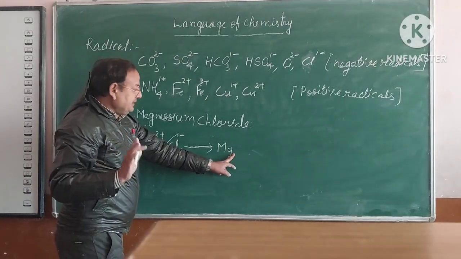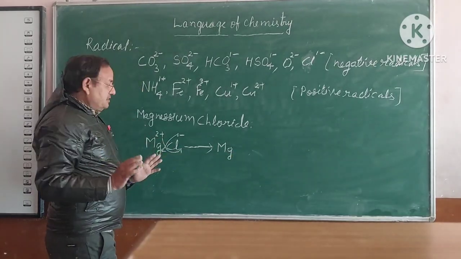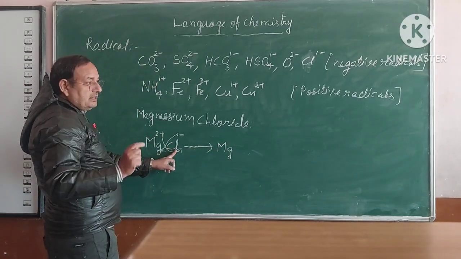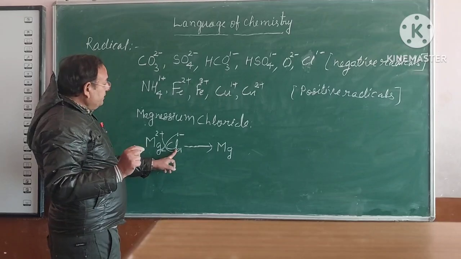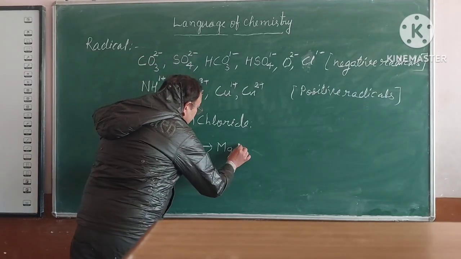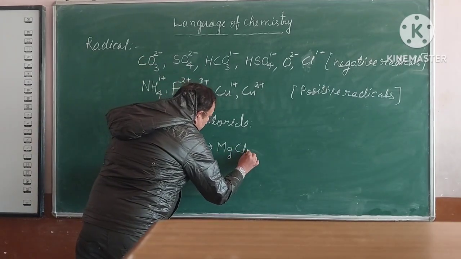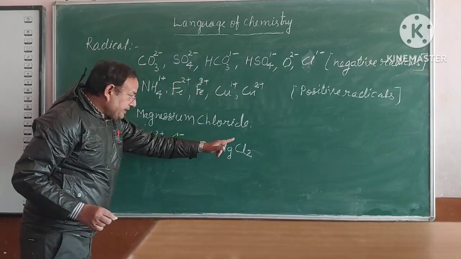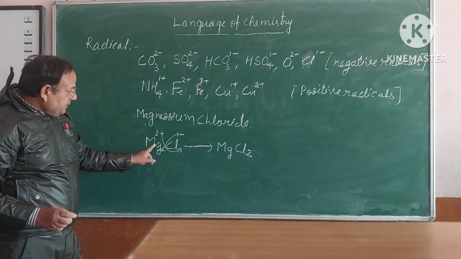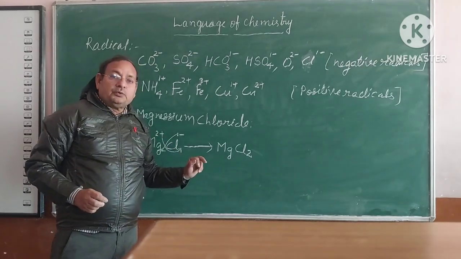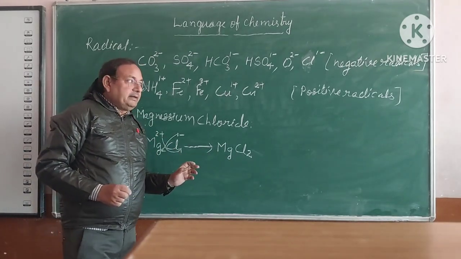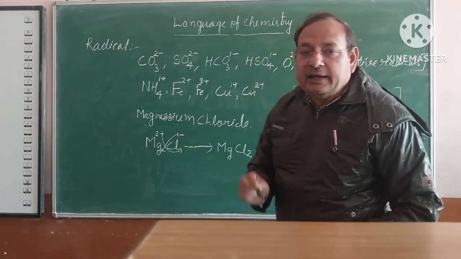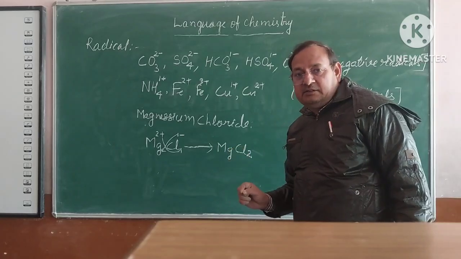So 1 is not written, and this 2 will be written downside of chlorine in small case. MgCl2. The final formula of magnesium chloride is MgCl2. And writing the formula in this way is known as the crisscross method.